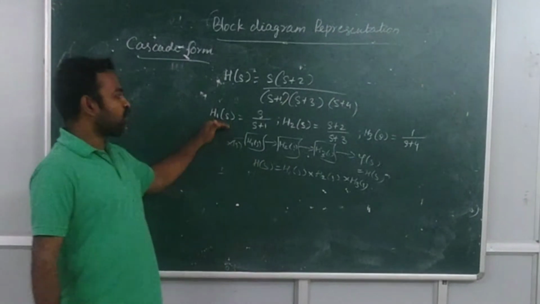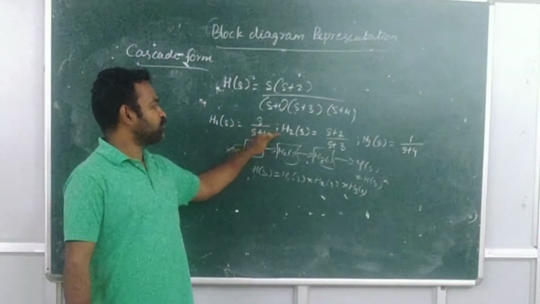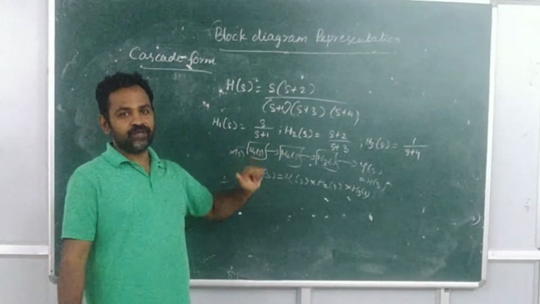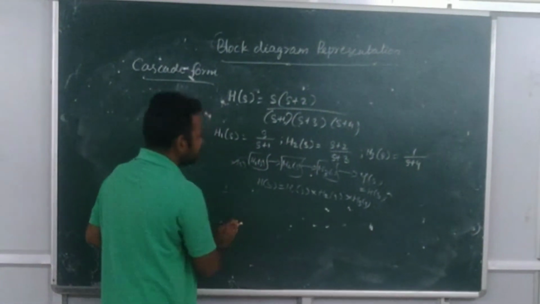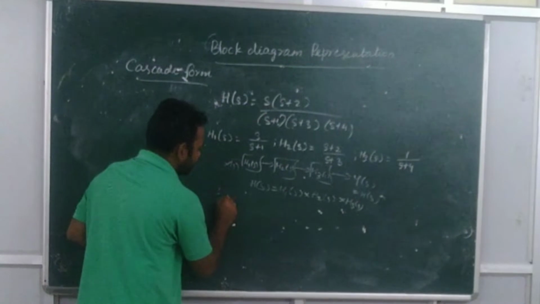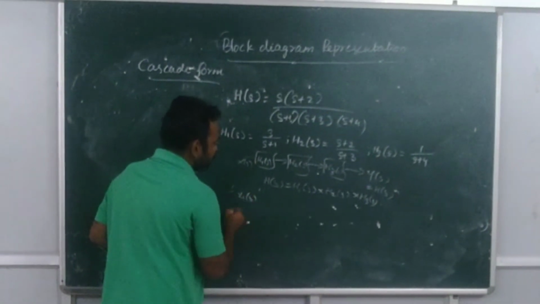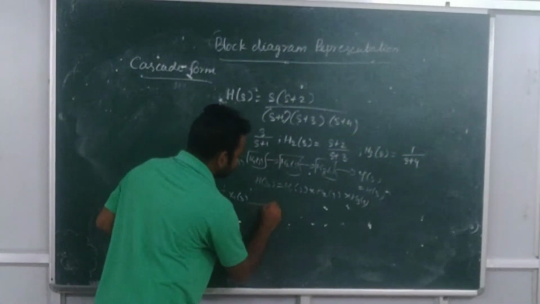So now for all these 3 subsystems, we are going to apply direct form 2 realization. We already discussed direct form 2 realization, so directly I am drawing the diagram. Consider the input is x1 of s.